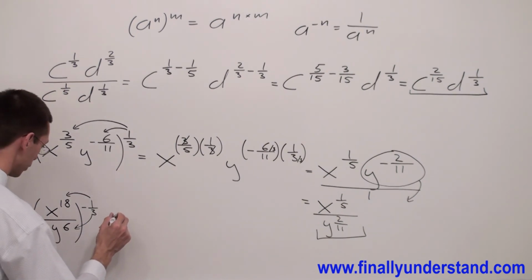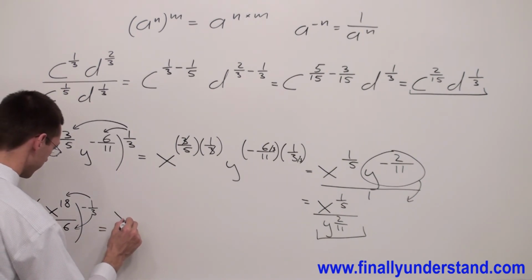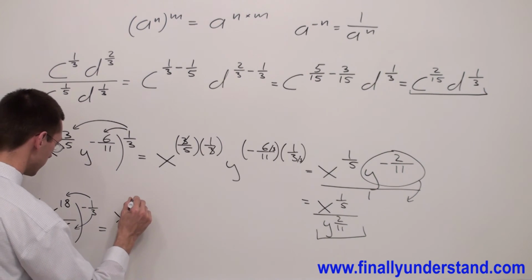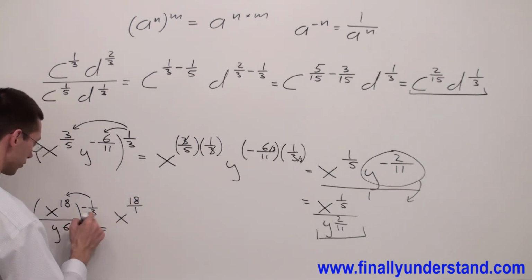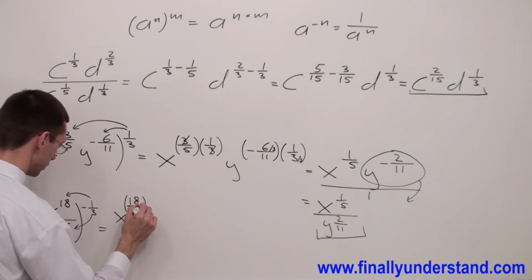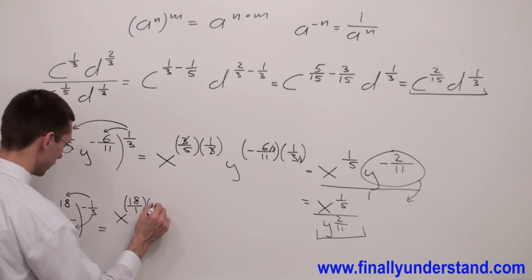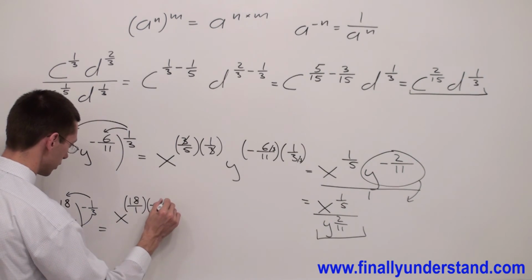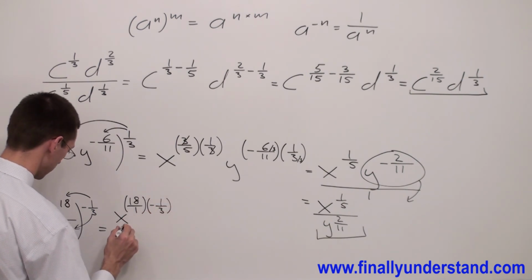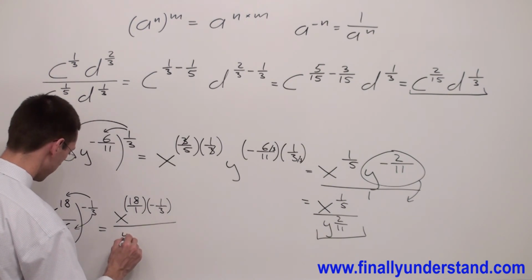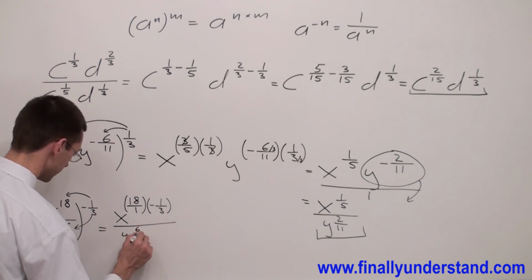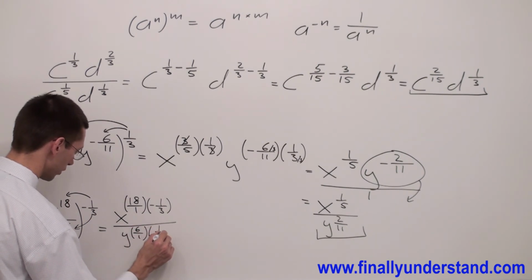That's why I'm going to have x to the 18 over 1, I'm going to convert this to a fraction because this one is a fraction, times negative 1 over 3, and I'm going to have over y, I have 6 over 1 times 1 over 3, negative.